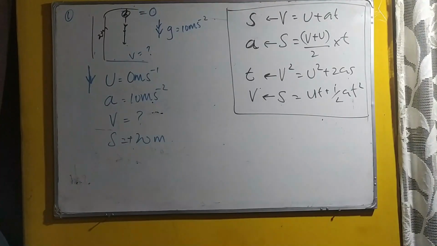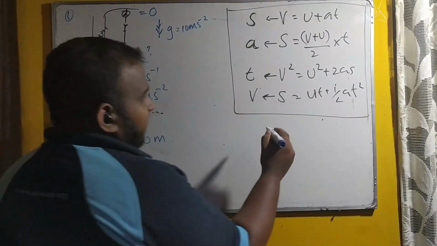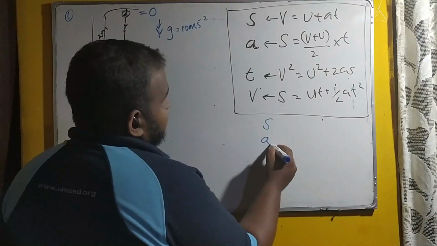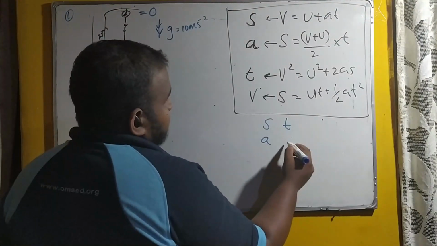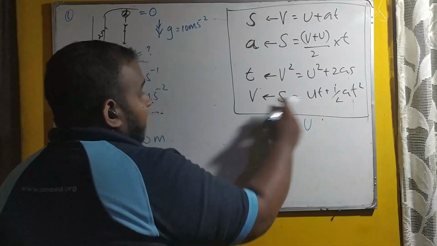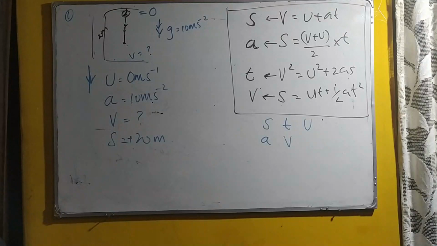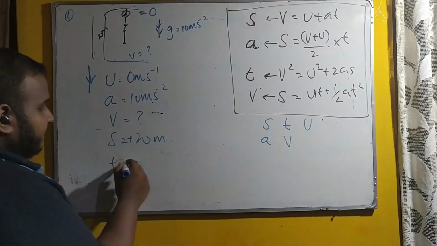Out of the five quantities we know, displacement, acceleration, time taken, final velocity and initial velocity, which quantity is neglected? It is none other than the time taken.